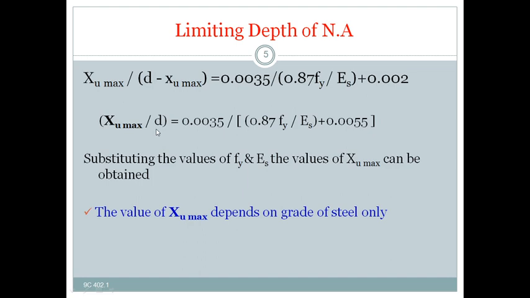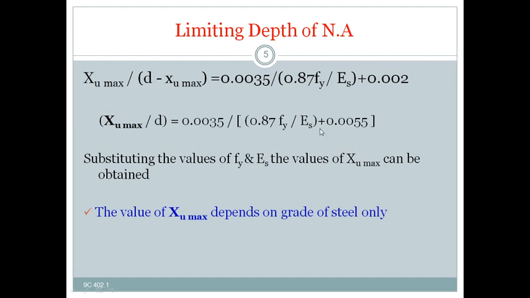Further simplification of that final equation gives XU max by d equal to 0.0035 by 0.87 Fy by Es plus 0.0055.